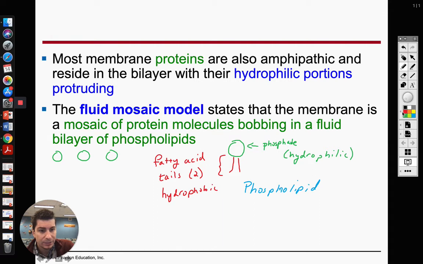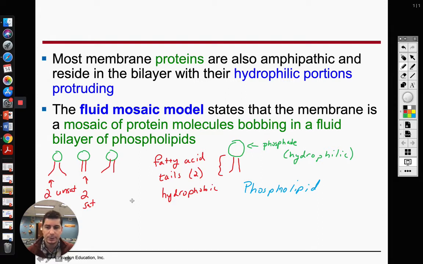We can have some of our phospholipids with two unsaturated tails, we might have two that are saturated, or we could have one of each.